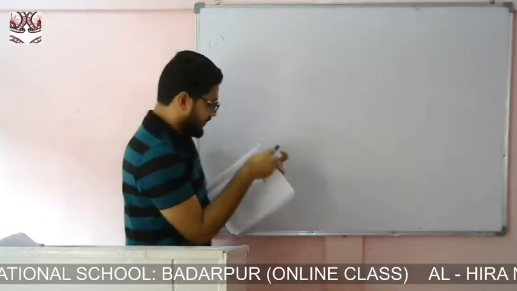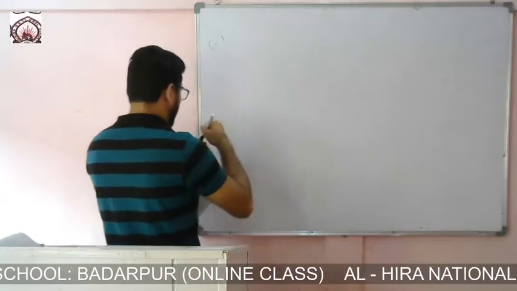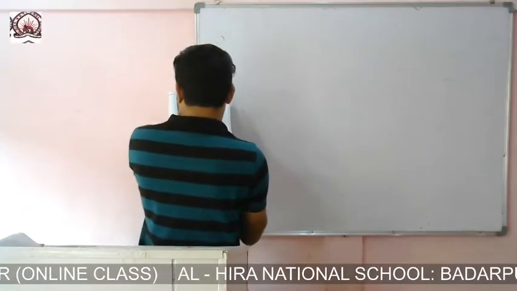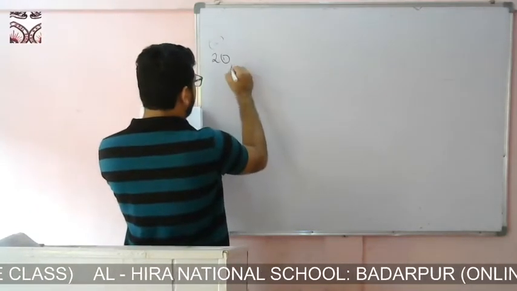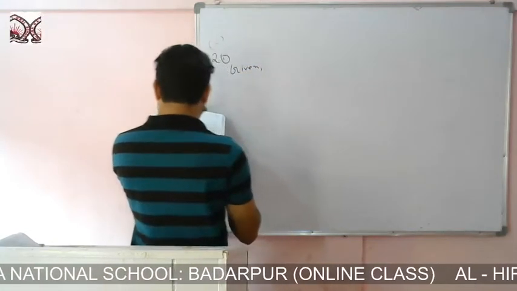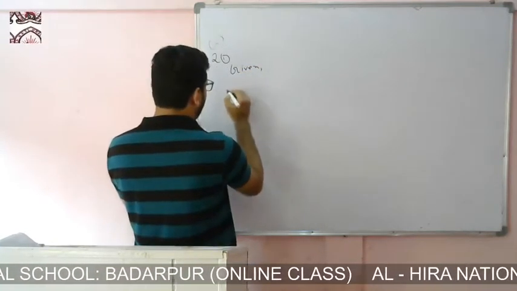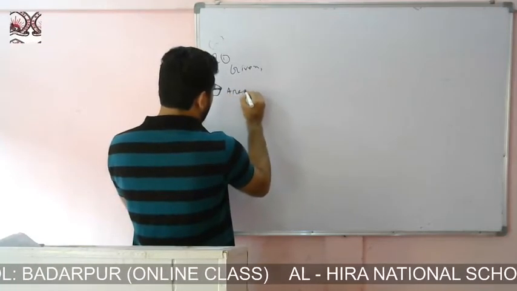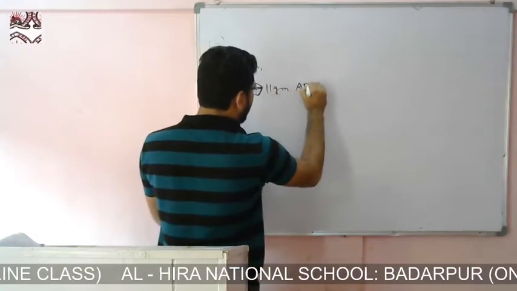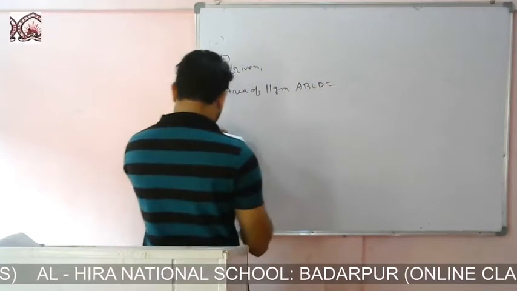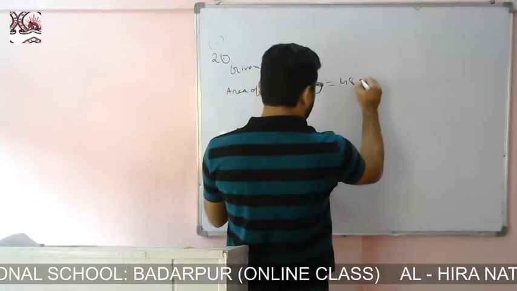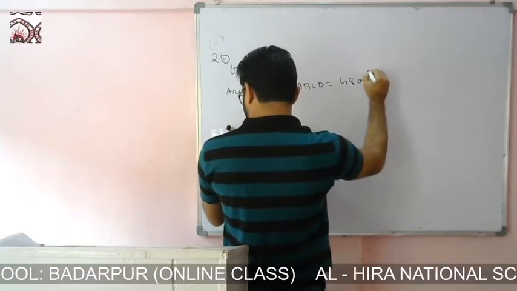Okay, so see the first question. You see the diagram, we have to find what? AB. So write given what? Area of parallelogram ABCD equals to what? 48 centimeters square.